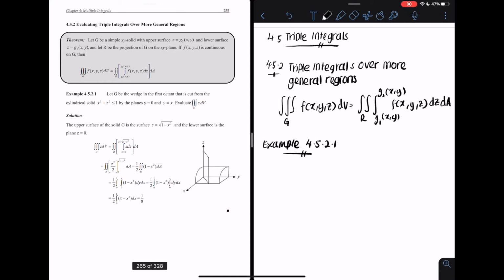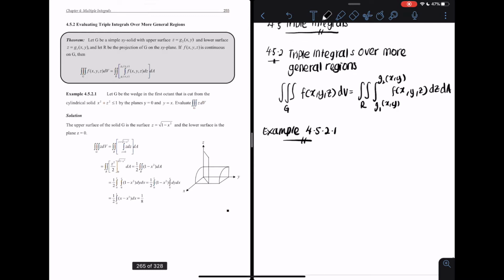So let me demonstrate. Basically you have z, y, and x, and you have a circular cylinder, and this circular cylinder will be traced along variable y.